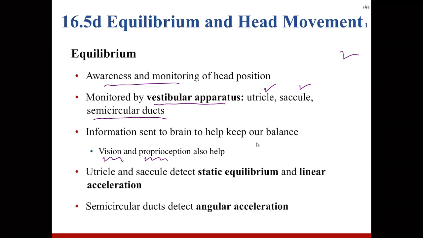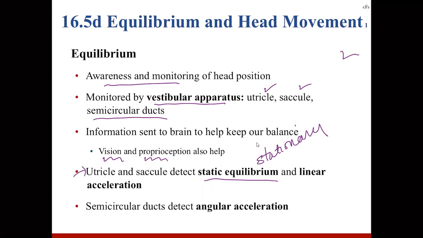okay, so the way it's broken down is the utricle and the saccule detect static equilibrium and linear acceleration, which we'll talk about, and the semicircular ducts detect angular acceleration. Static equilibrium is when the head is stationary, so the head isn't moving.